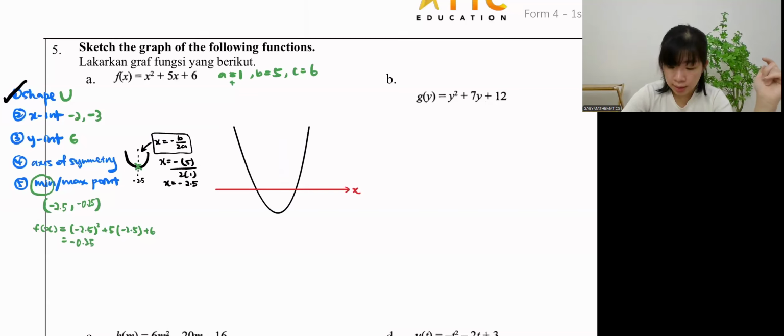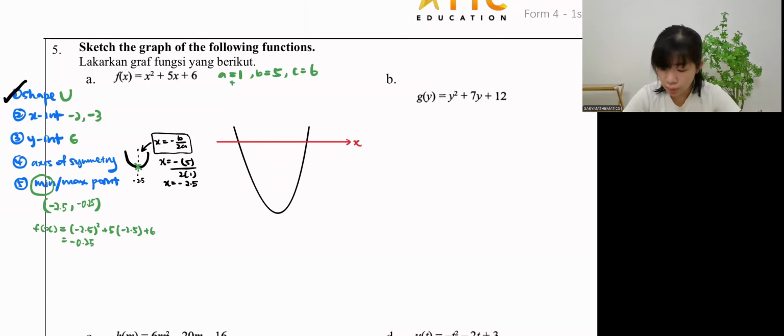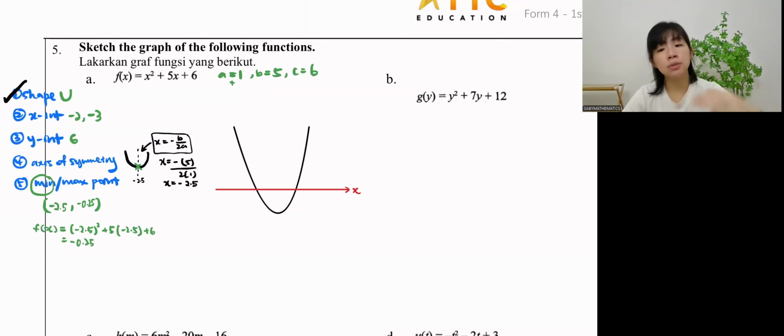Imagine if you put the x-axis here, you leave so much space at the bottom. The bottom is considered negative value for y, and you don't need negative values. So don't put it too high. You put the x-axis slightly at the bottom. Once you have drawn the x-axis, here -3, here -2.